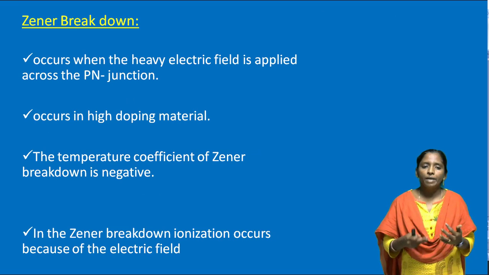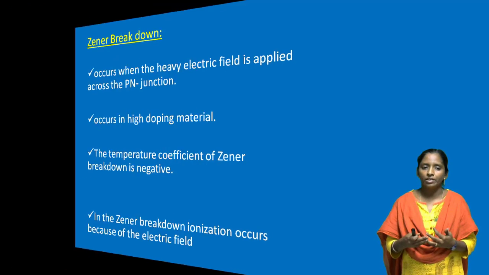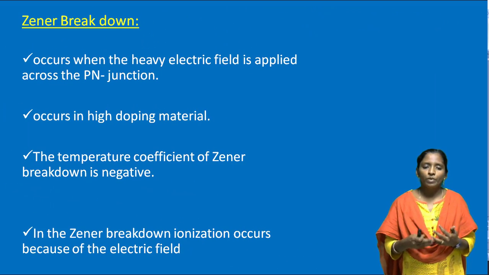Another one is Zener breakdown. It occurs in heavily doped material and it occurs because of the electric field applied across the junction. High doping material means we are adding more impurities, a higher concentration of impurities, to the PN junction material.